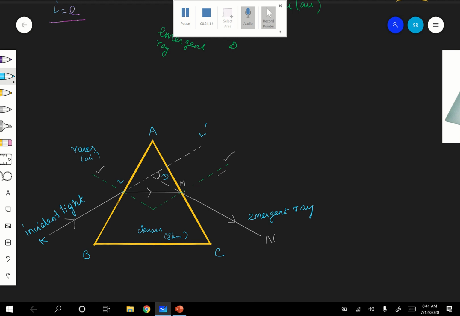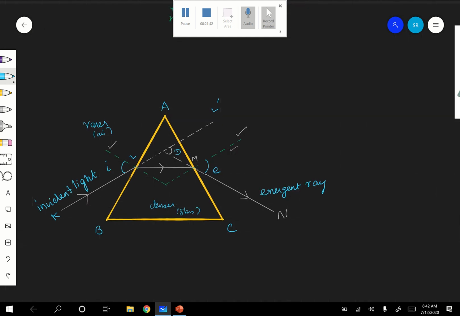Are you following? Now you see, what is the angle of incidence here, at the face AB? This is I, correct? This is I. And what is this one? This is the angle of emergence. Are you following? And what is D? D is the angle between the incident ray and the emergent ray.